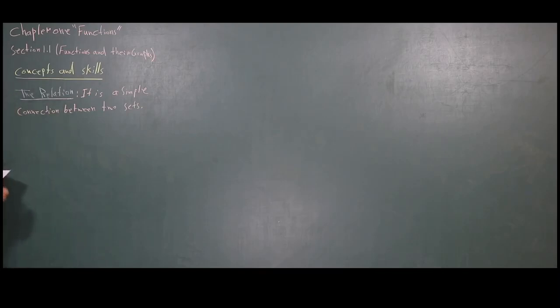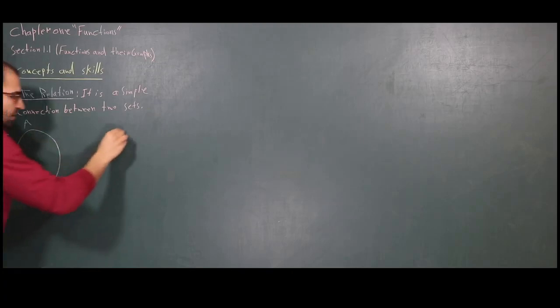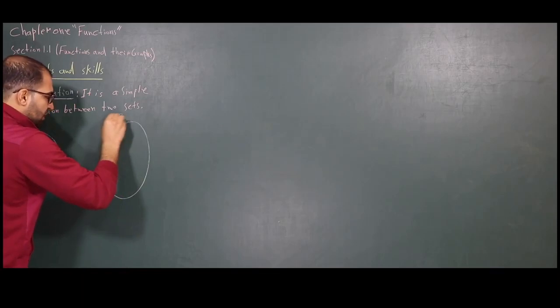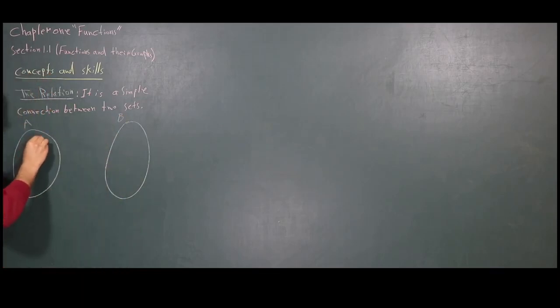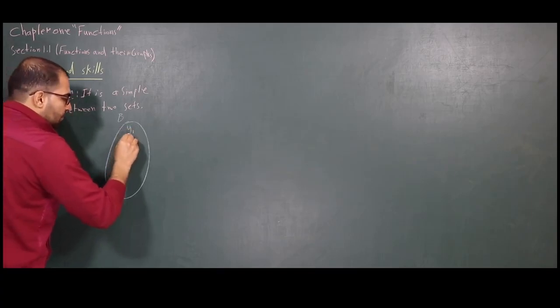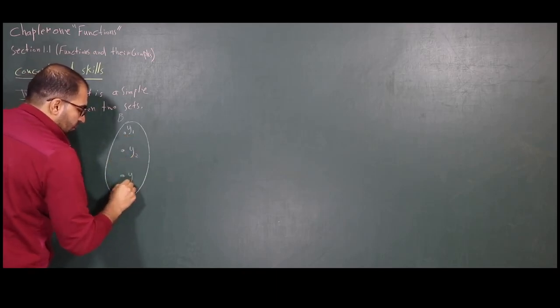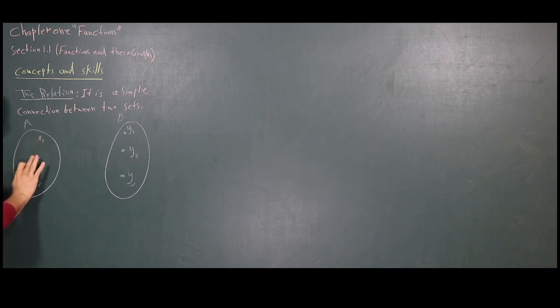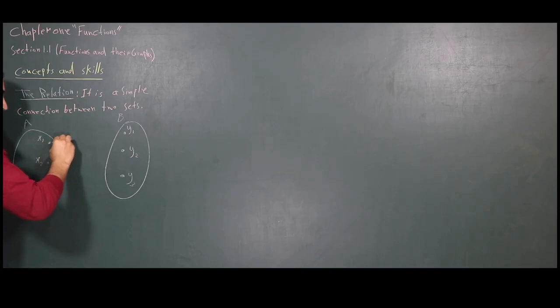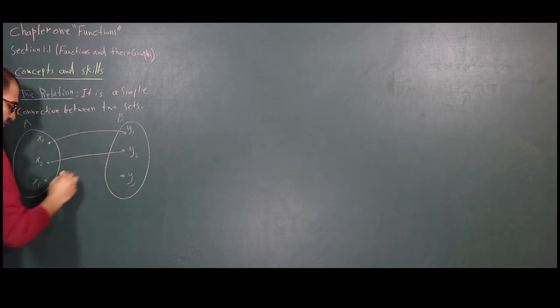For example, if we have this set A and the other set B, with x1, x2, x3 elements in A, and y1, y2, y3 in B. If we connect these elements, for simplicity, we will get a relation.